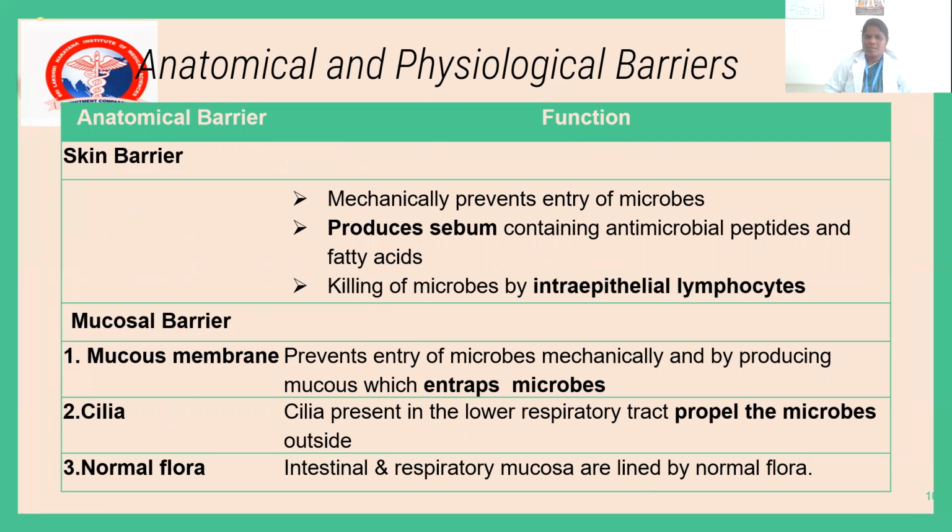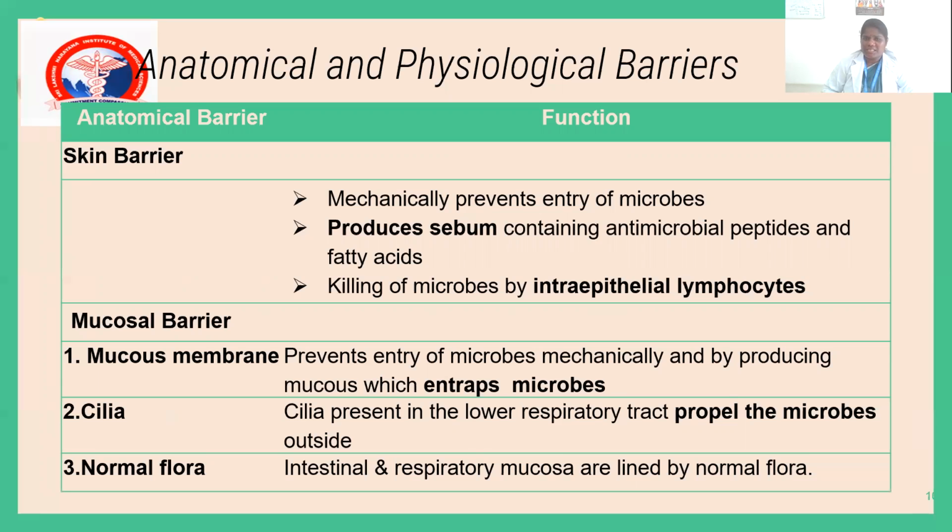Now we'll discuss the anatomical and physiological barriers. For example, the skin is present at birth itself. It is the largest organ. Sebum is present in the skin and acts as an antimicrobial, and intraepithelial lymphocytes present in the skin engulf and kill the microorganisms.